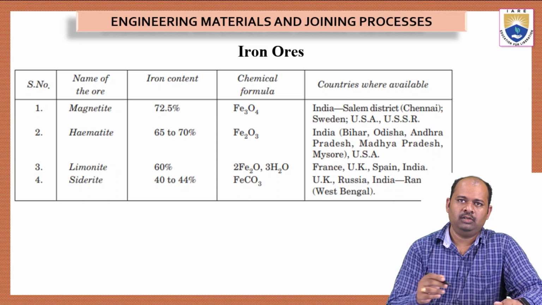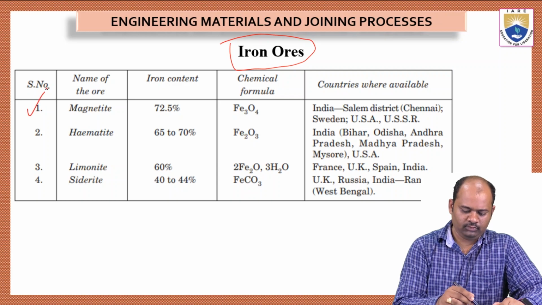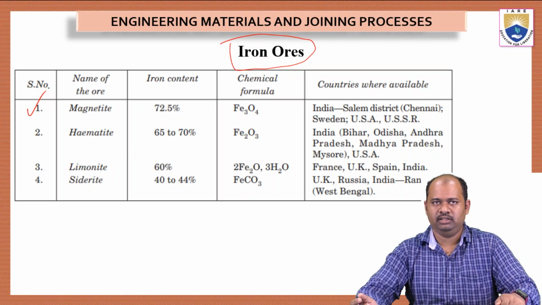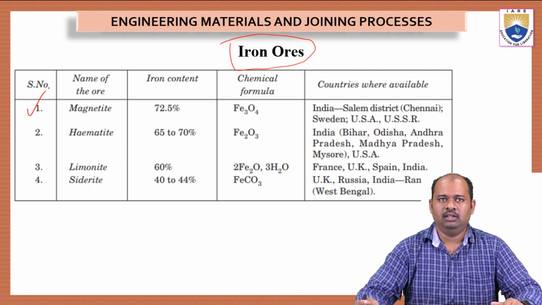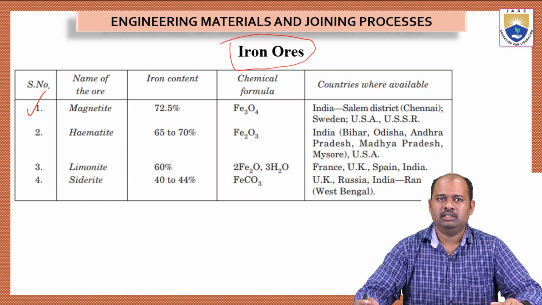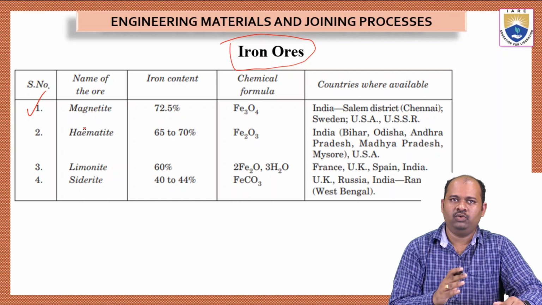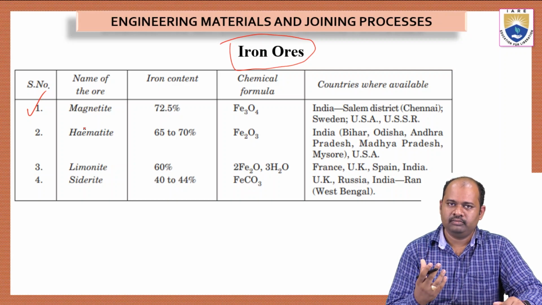Now when we see iron ores, there are different iron ores. Mainly there are four types of iron ores. The first one is magnetite, the second is hematite, the third is limonite, and the fourth is siderite. These are the four types of iron ores available in the earth's crust.